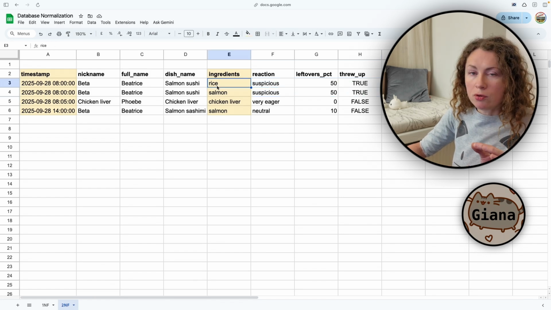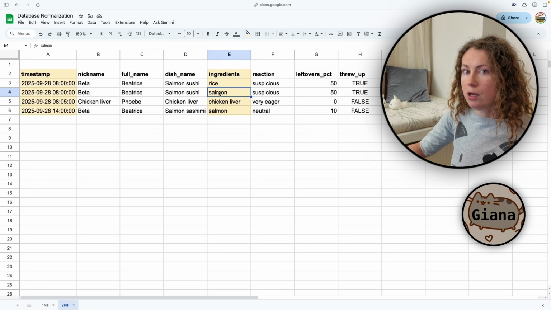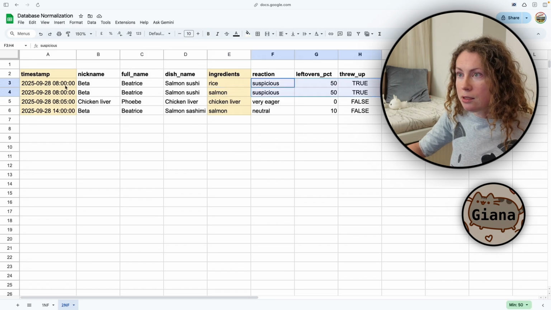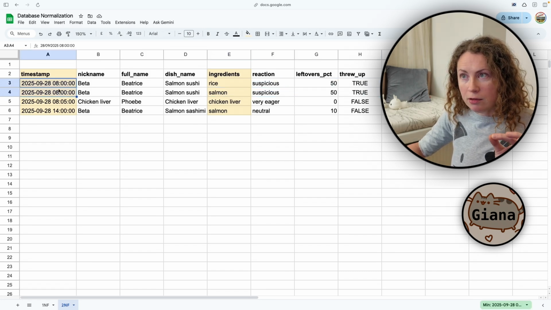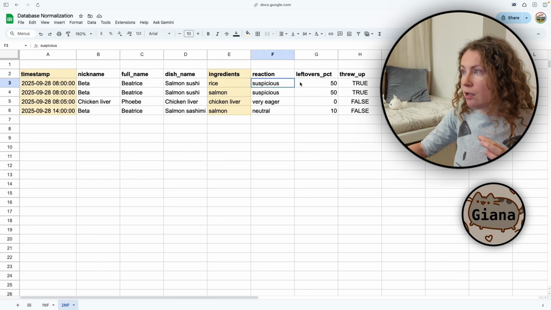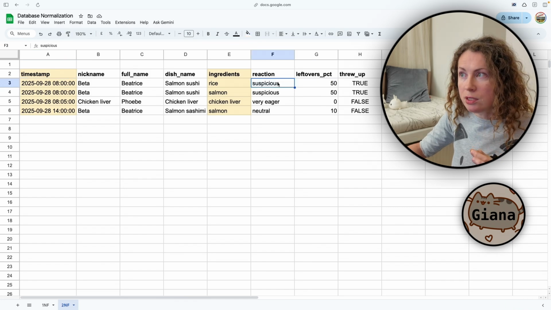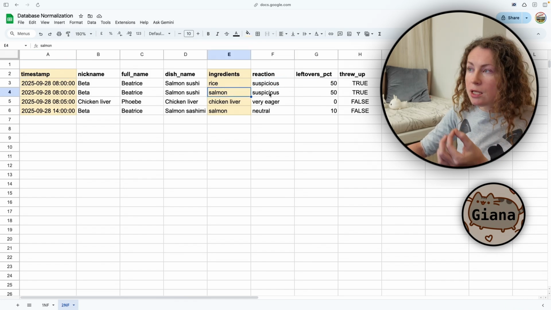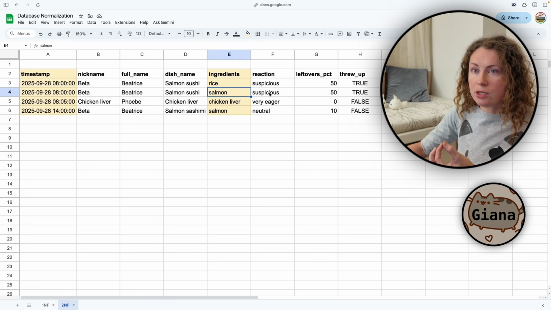It's not about one ingredient, right? So this data describes this event that occurred at this specific timestamp, which means if we have this timestamp, then we know what reaction it was. Whether it's rice or it's salmon, that does not influence what reaction we have.